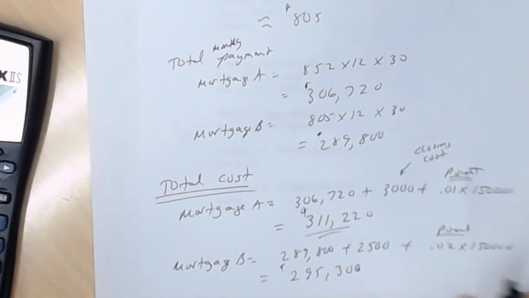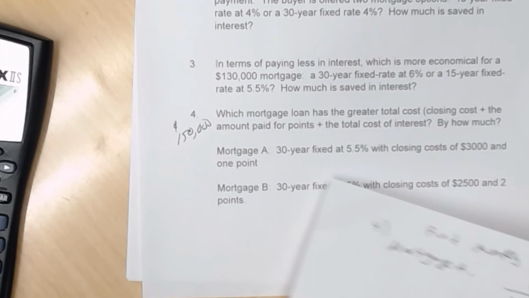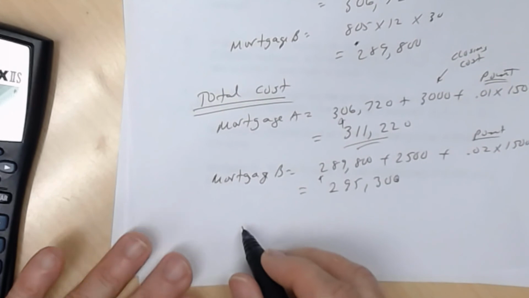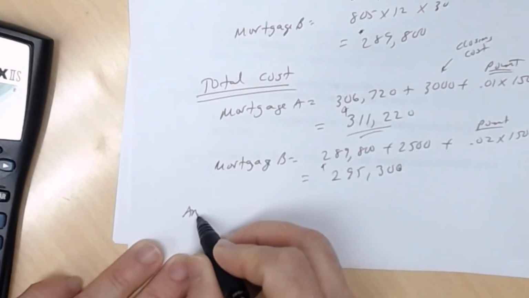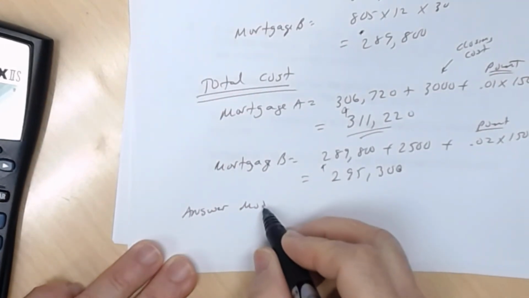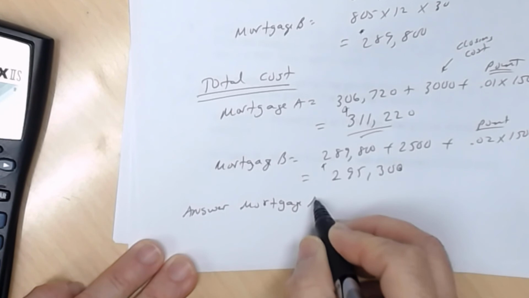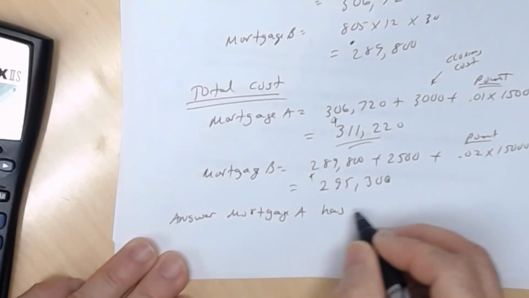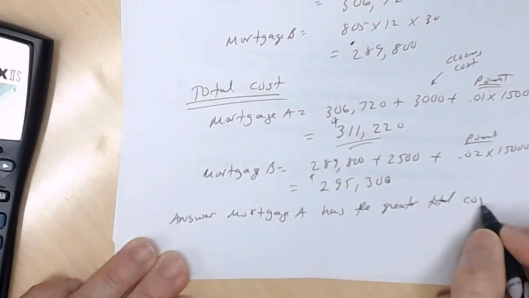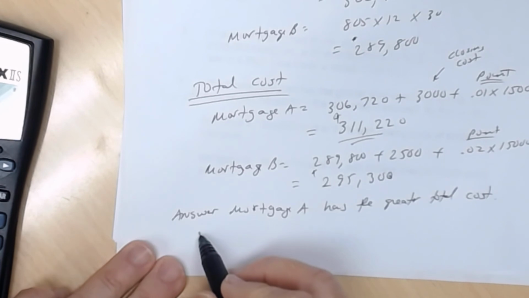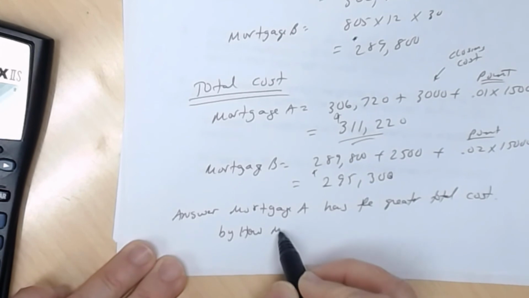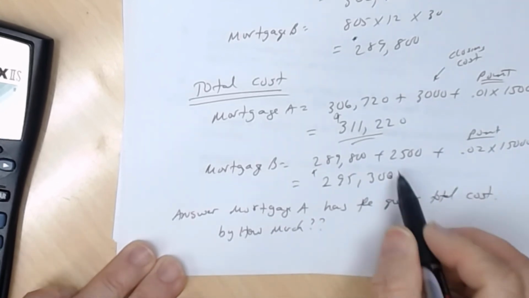All right, and then the question is, which mortgage loan has the greater total cost and by how much? So notice the work, there's a lot of work, right? Mortgage A has the greater total cost. Okay, by how much? All right, we're going to subtract them.